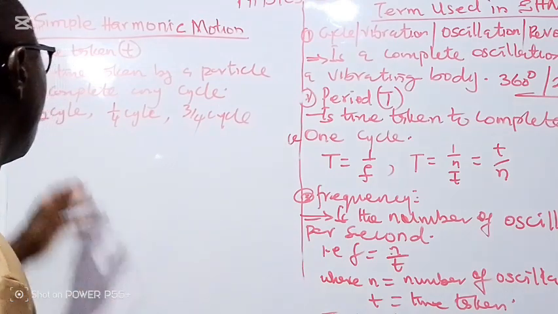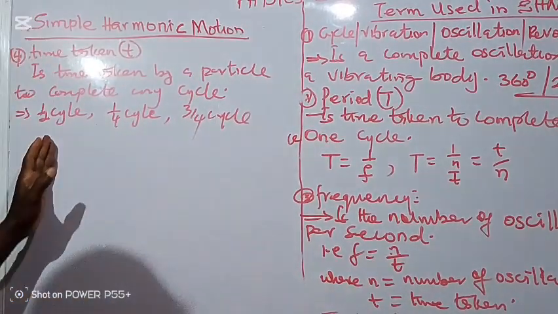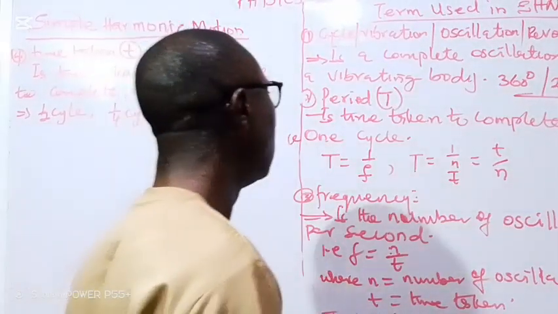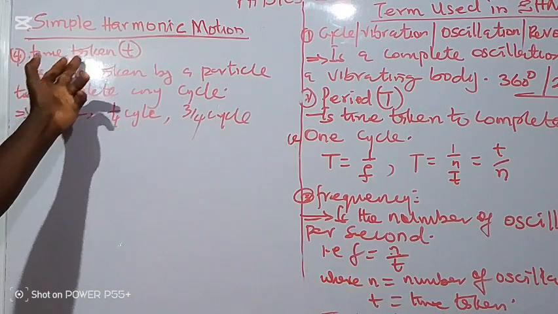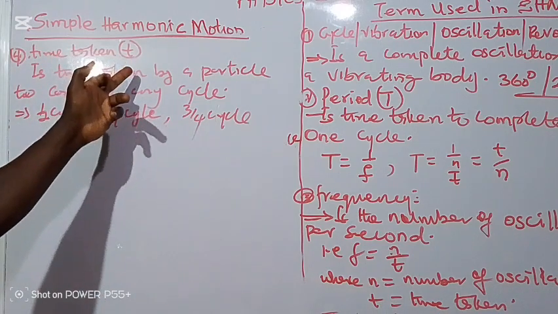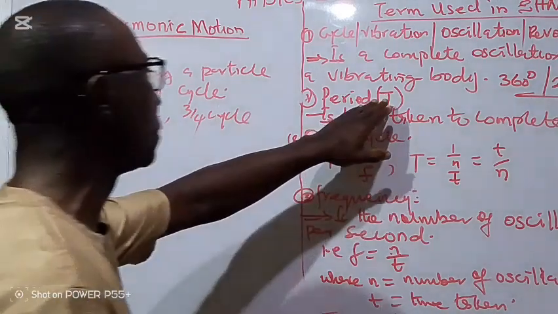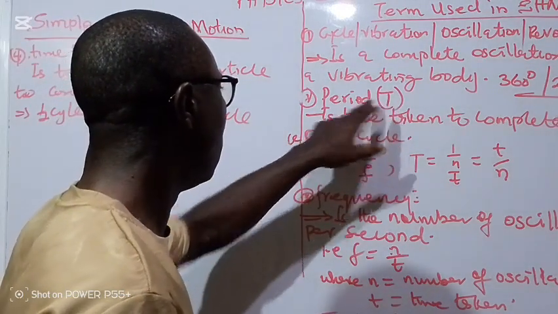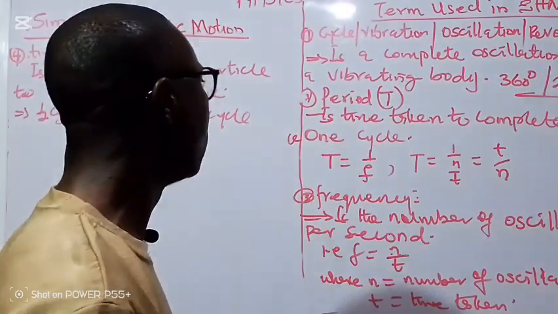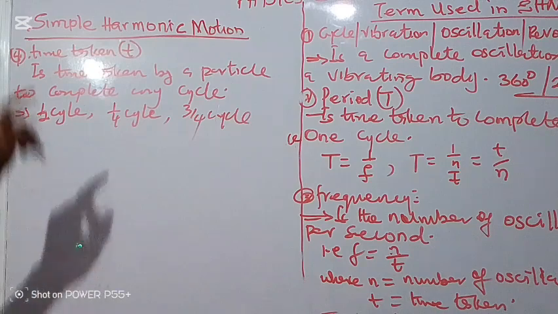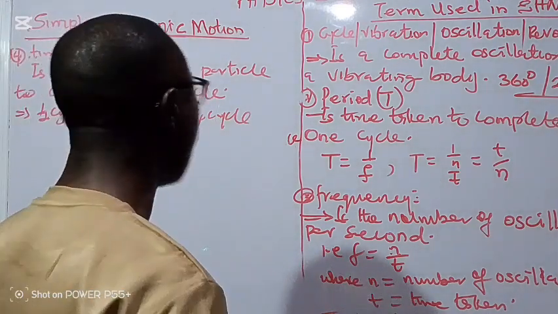When a particle covers either less than or greater than a complete cycle, the time there is called time taken, which we use small letter t to represent. But when it is for a complete oscillation, that one is period, the time taken to complete one cycle or one oscillation. But small t will represent any time taken to complete any cycle.